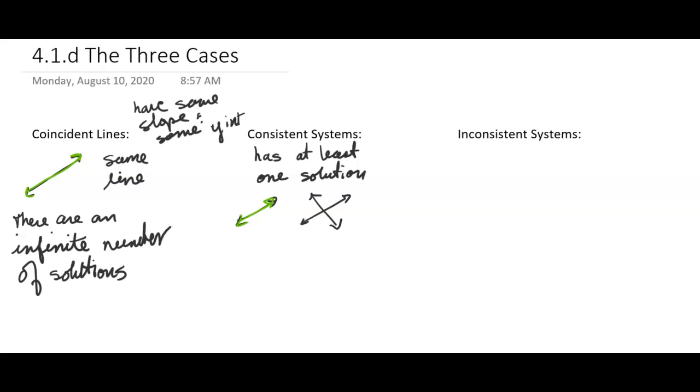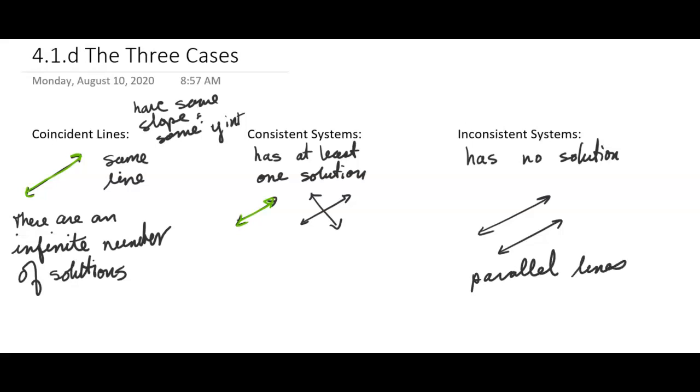An inconsistent system has no solution. And so that's when you have the parallel lines. And when they say to solve, you're either going to put no solution or you can put the empty set.